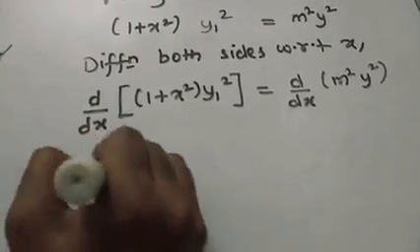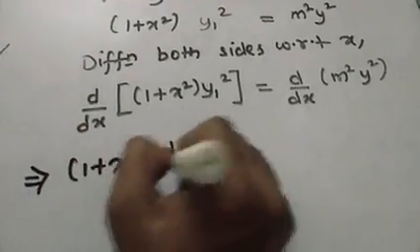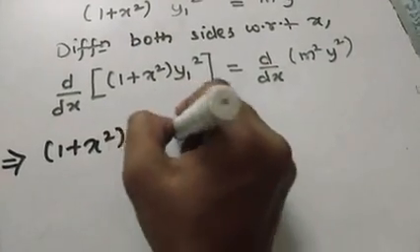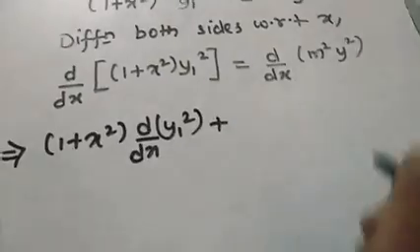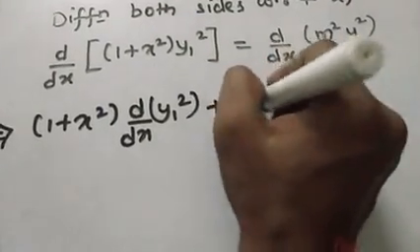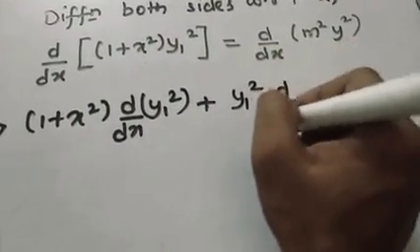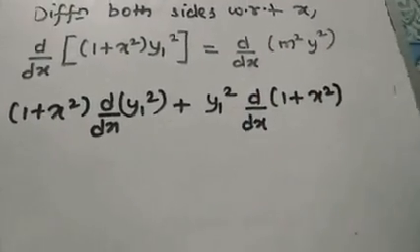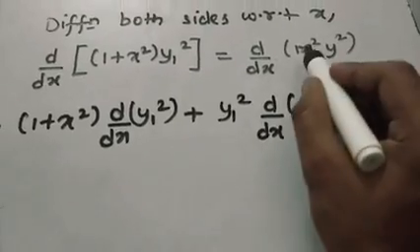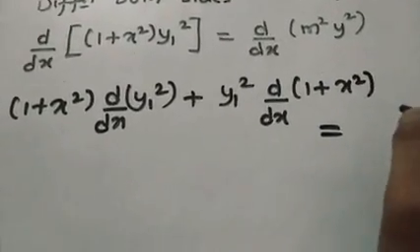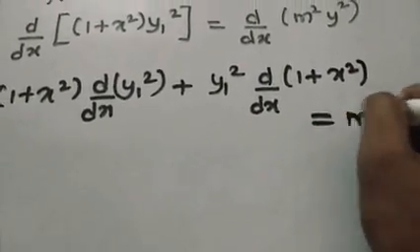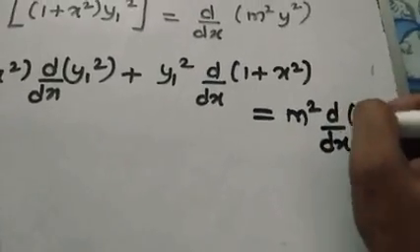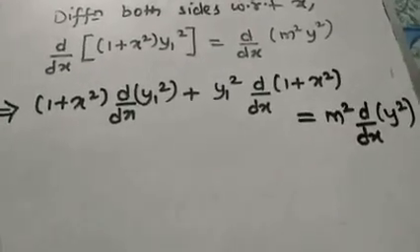Product rule means at a time only one is differentiated and another will remain out of the derivative. y1 square, and here y1 square d/dx of 1 plus x square, and in the right hand side, m square is a constant, so let us take m square out of the derivative, and d/dx of y square. Very careful about that.